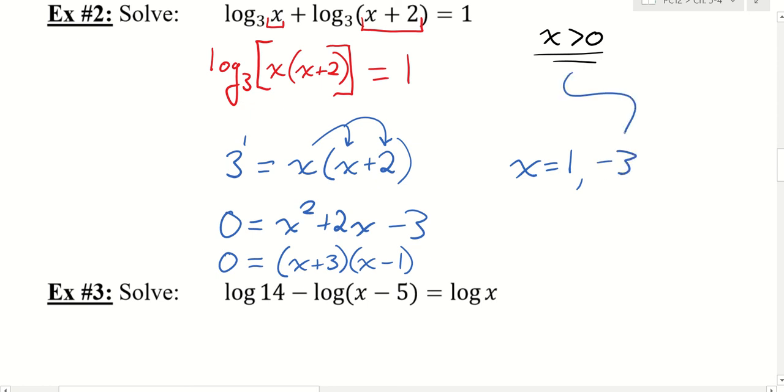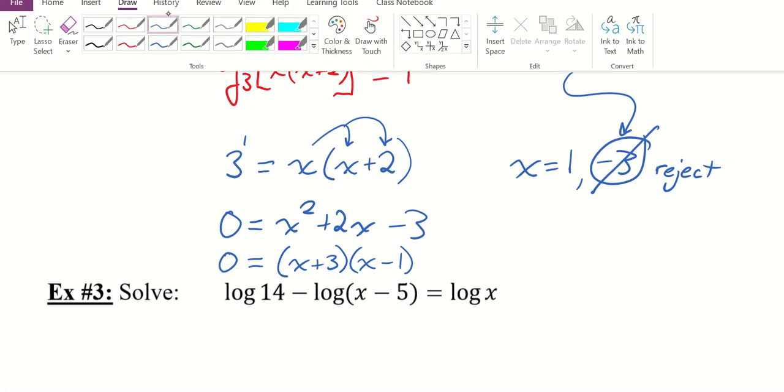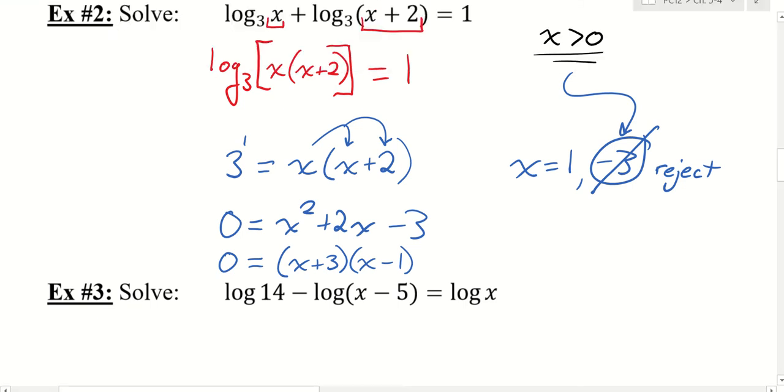And because of this restriction, I have to reject this one solution. I won't do this with every question, but I could try plugging it back in and seeing if it works. So let's try that. The original statement is log base 3 of x plus log base 3 of x plus 2.